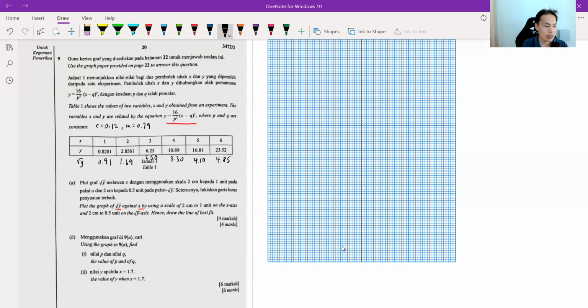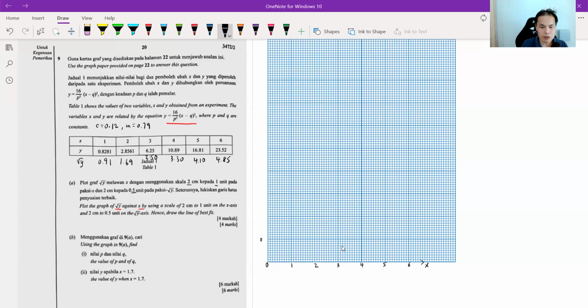Now for the axes. It is given here: 2 cm for 0.5 for the y-axis, 2 cm for 1 unit for the x-axis. So this is 1, 2, 3, 4, 5, 6. My largest x value is just 6.